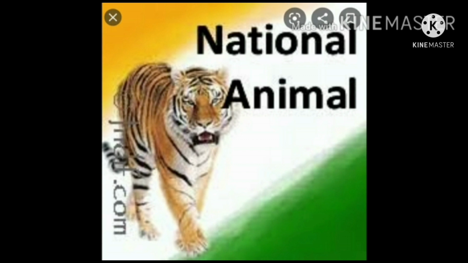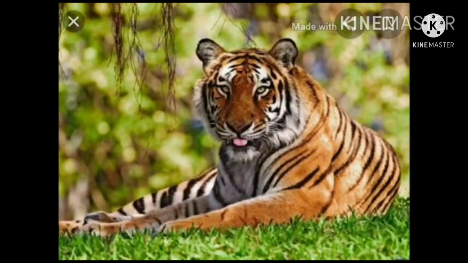The combination of grace, strength, agility and enormous power has earned the tiger its pride of place as the national animal. It looks gorgeous, it has so much grace, right? So it is considered our national animal.